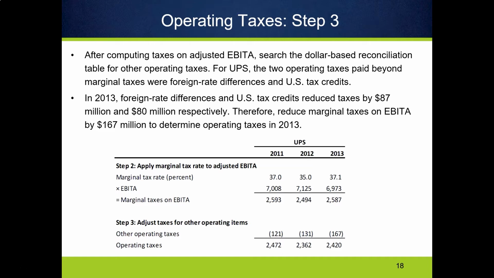So both of those should reduce that marginal tax paid. And so we would just take that dollar value of those two things, right? So the foreign tax rate difference was 87 million, and the tax credit in 2013 was 80 million. So that would reduce the taxes that UPS would have paid. It didn't actually pay the marginal rate. It paid a lower rate, effective rate. And so that's how we would calculate our operating taxes.